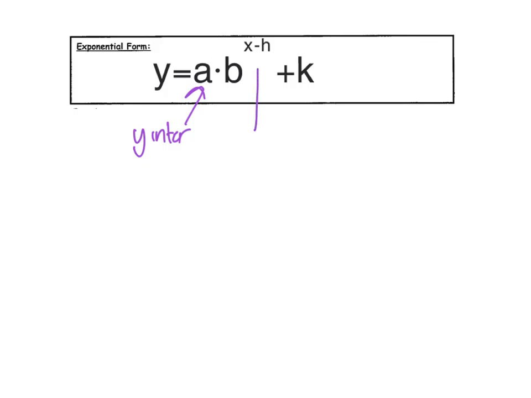In b to the power of x minus h, this moves it, like if there's a number after x, plus or minus, that's going to move on the x-axis, so left or right.